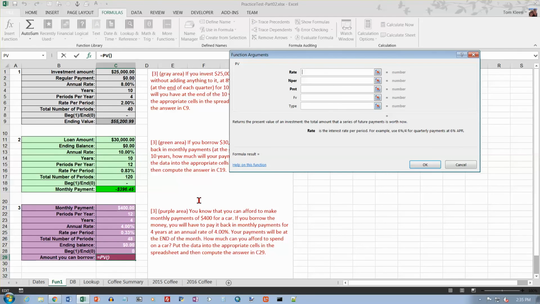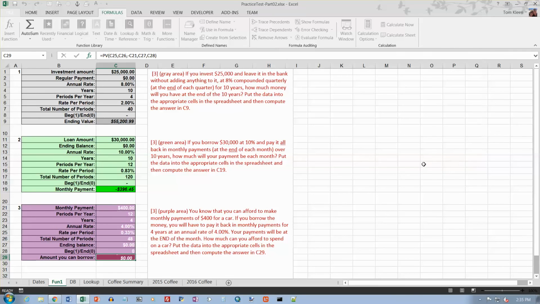So choose PV. The rate is going to be the rate per period. Do not choose the annual rate. The number of periods is going to be 48. Payment is always negative. Put a minus sign in front of it and click on the 400. The future value of a loan is always going to be 0, but we'll build it into a cell reference. And the type is going to be 0 for end of month.